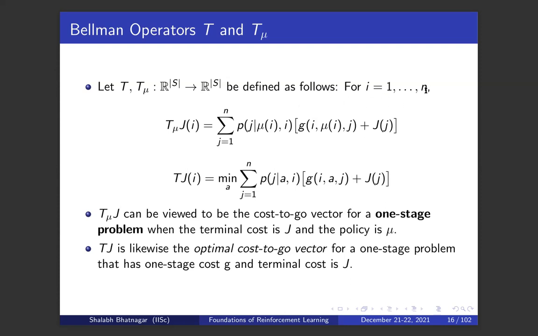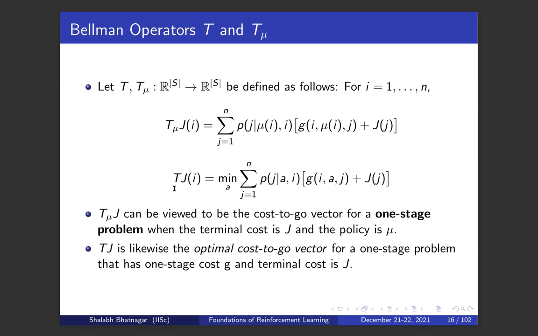For all these non-terminal states, 1 to n, we define T mu J of i as this quantity, where note that it is the sum of the expected single stage cost when you pick actions according to mu of i, plus J of j. Okay, this capital J is basically this capital J. So that's what it is.